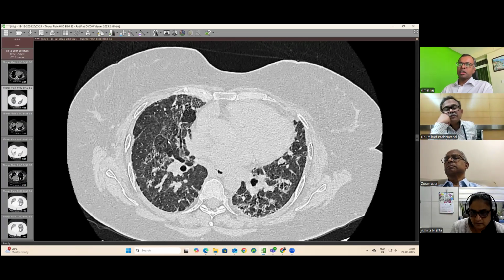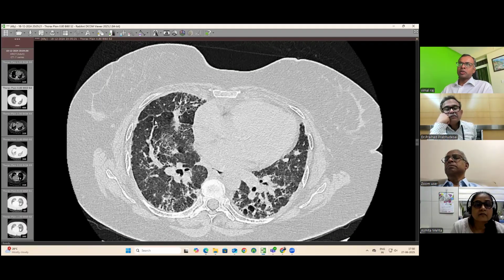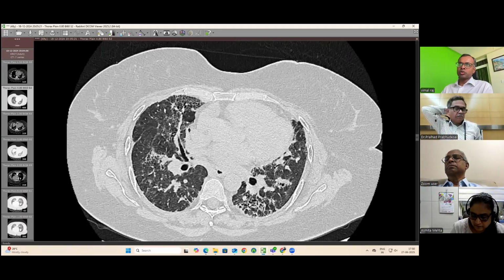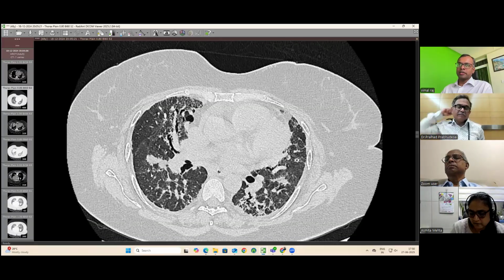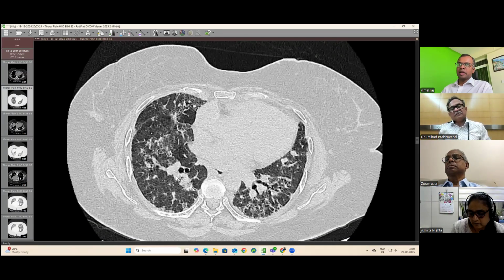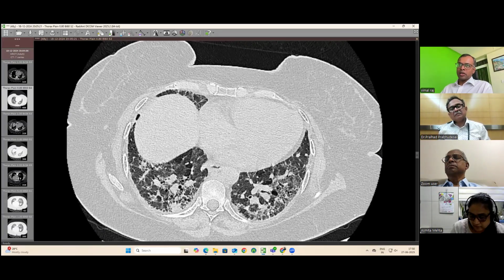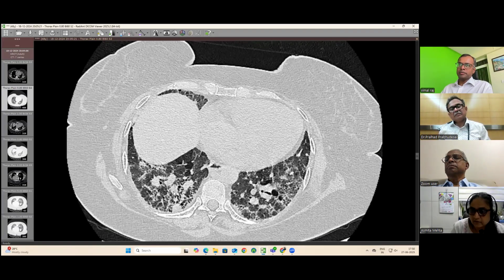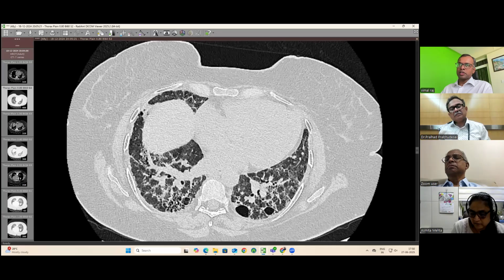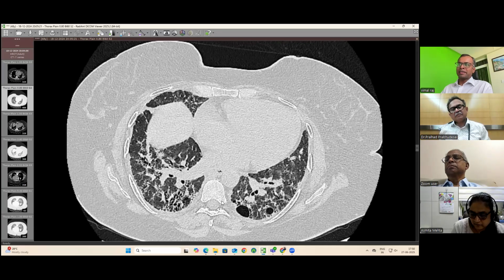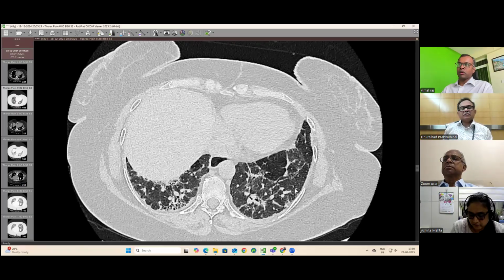Fissures, if you actually see, very minor nodularity, not too widespread nodularity, then some other areas you can see the thickening and nodularity. There's some conglomeration of nodules here. We can see focal nodules in the right lower lobe and some end-stage fibrotic changes across.